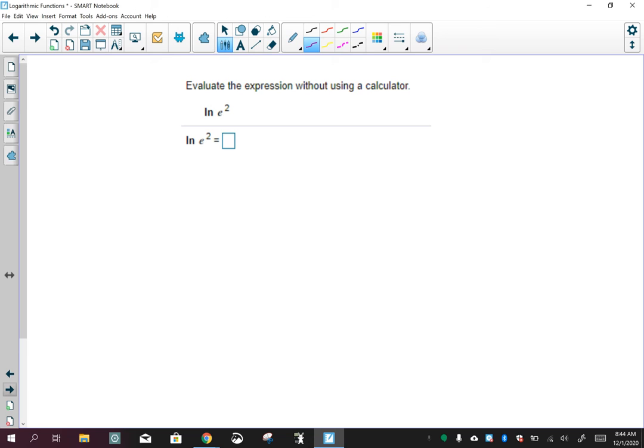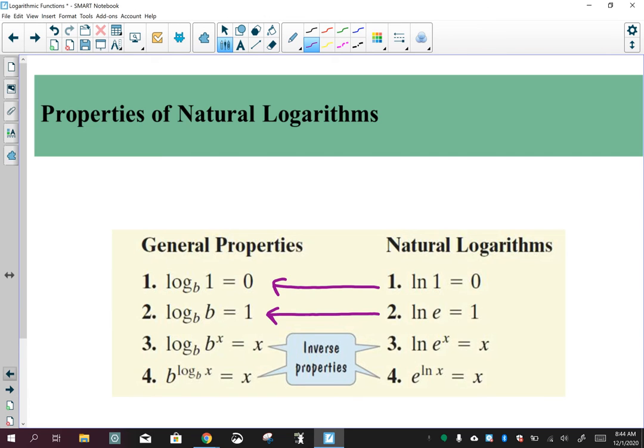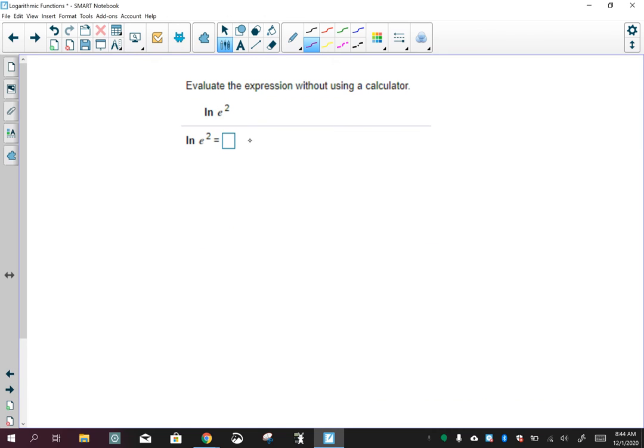So when you have this problem, the natural log of e squared, that's going to be this number 3 right here. My answer is simply going to be 2, because that's what the exponent is. So I just write in my little box 2.